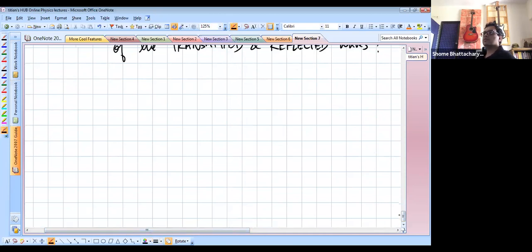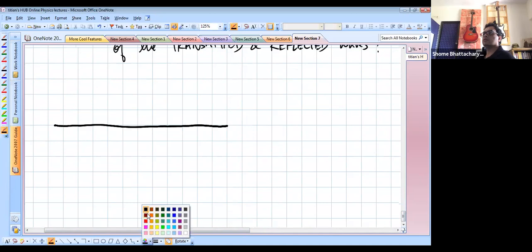So here, what we can do is we can take any type of notation we like.